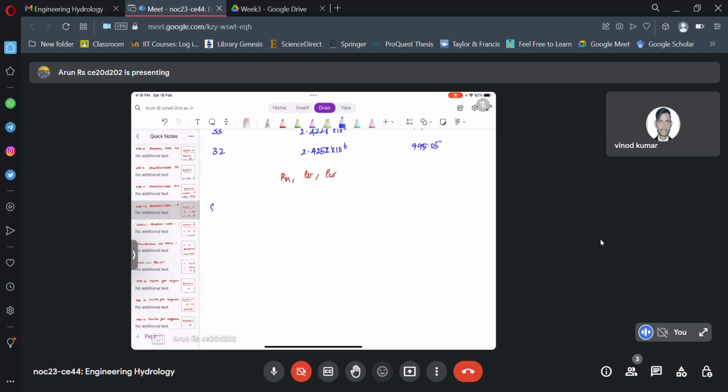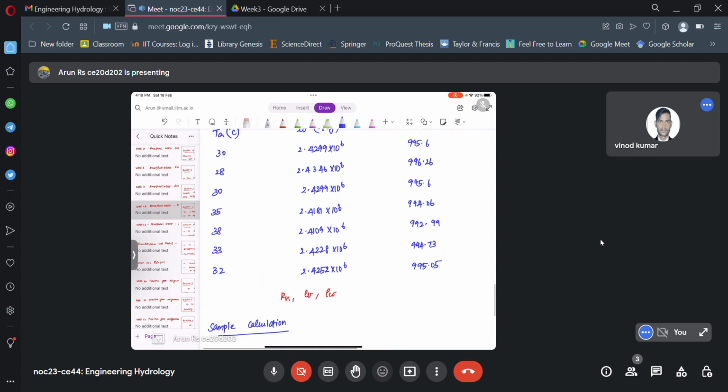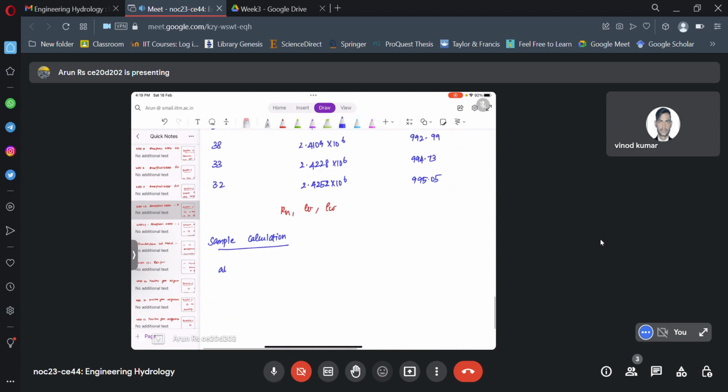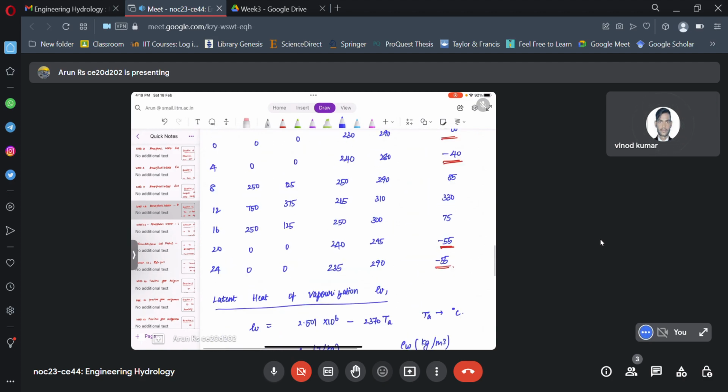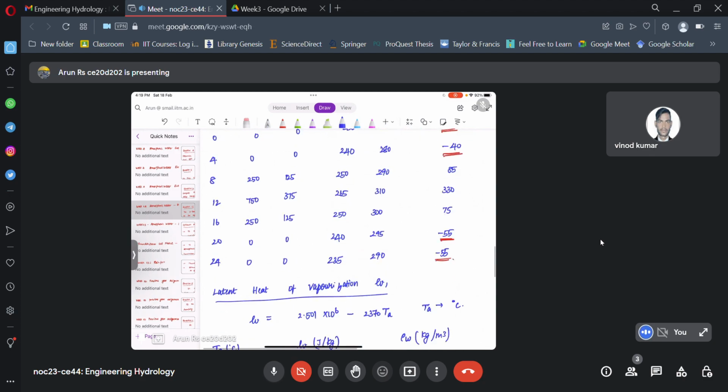So I am doing a sample calculation for one of the table values. So let's say at 0 hours, we have evaporation rate is equal to, from the table, your net radiation is minus 60.